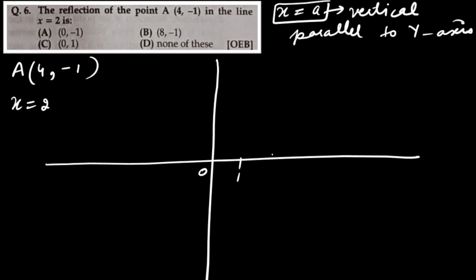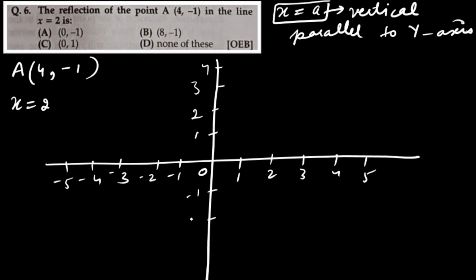So first of all, we have to draw the Cartesian plane and locate the given point. So I'm just drawing. Given point is 4 comma minus 1. So 4 on x-axis I have to locate, then vertically down I have to go because y's value is negative.